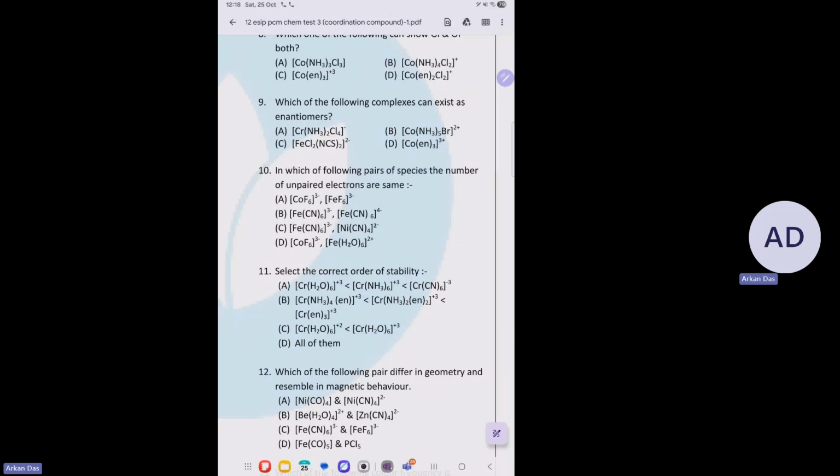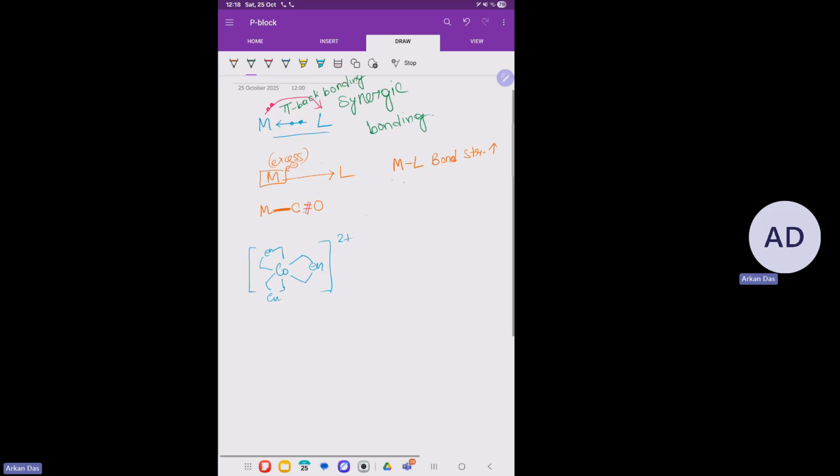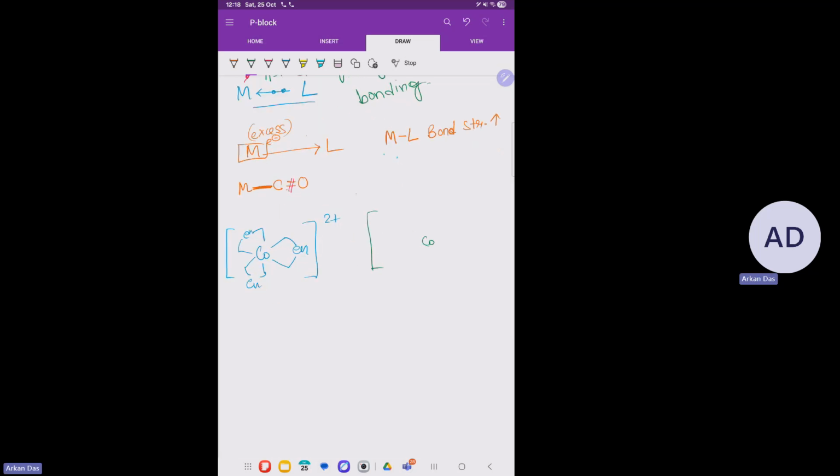Let me show you how. This is optically active, and hence this can show optical isomerism, something like this. I hope we are clear with this.